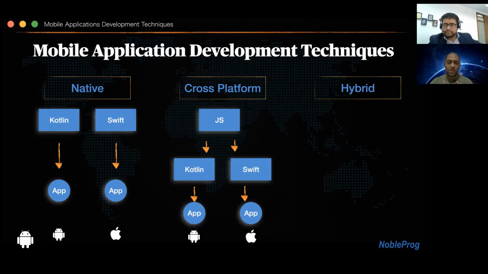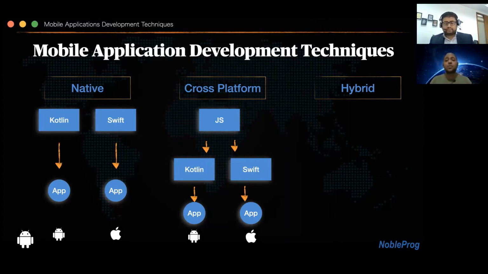Why is that? Because in the native, I wrote my code in Kotlin and Swift and compiled that, so we obtained the application. In the cross-platform, I developed my code in a different technology, but before my code landed on the device, it was converted by the tool, by React Native or by Flutter, to the native code, and that native code went through the same process of native execution, which is compiling and then obtaining the application.